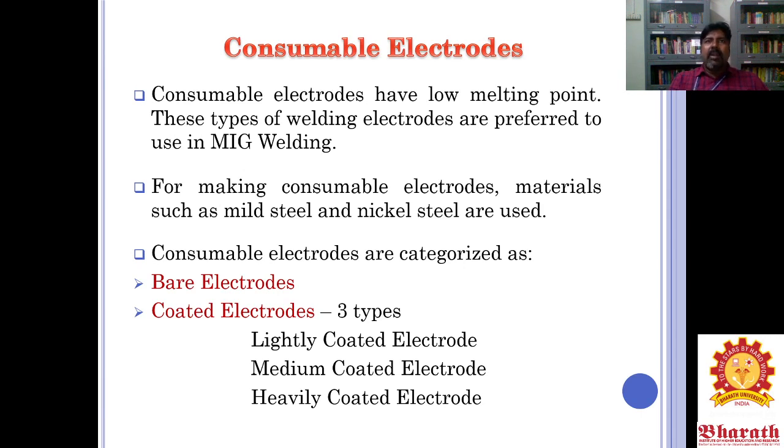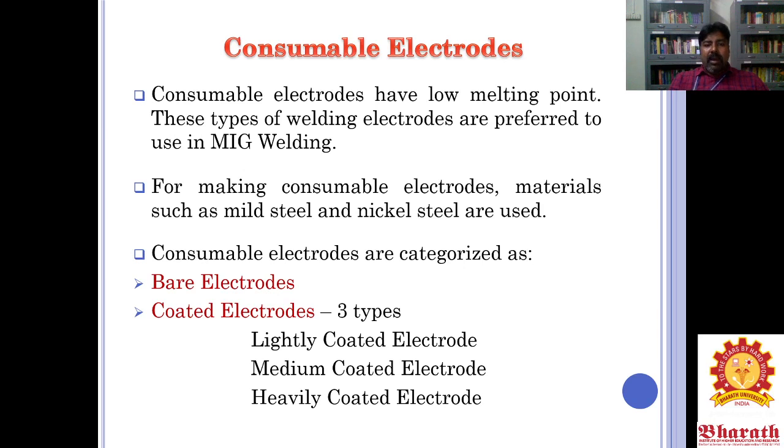It does not prevent any oxidation of the molten metal. So the welds, due to lack of protection from oxidation reactions, have very poor mechanical properties, and hence it is used for welding non-essential jobs.